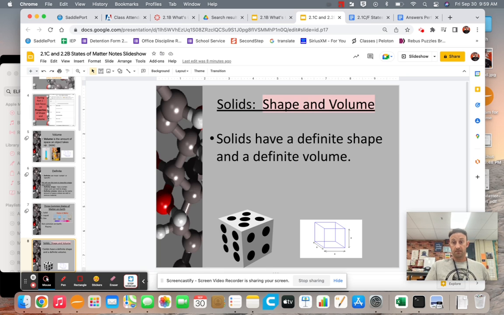Now, solids, speaking of that word definite, have a definite shape and a definite volume. Pause if you need to write this. Without changing it, this is not going to change its shape or volume. With a hammer, that's something different. If I throw it on the ground, it's something different. But the volume and the shape are definite. They don't change.